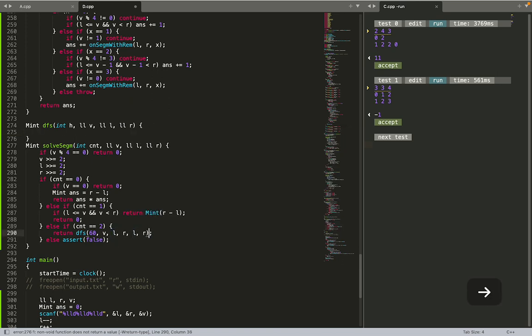Yeah, they should be different for two different vertices. This is amazing.